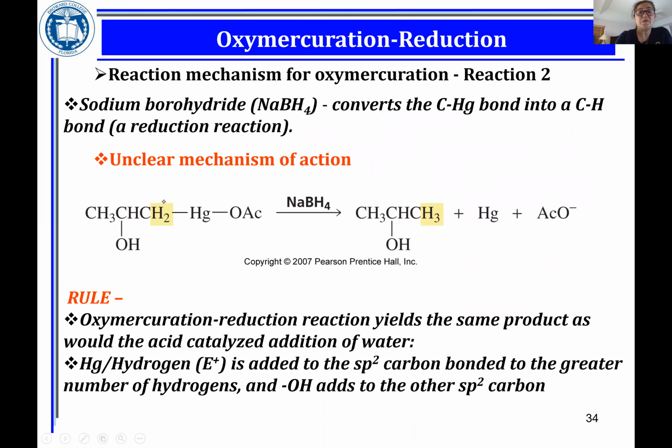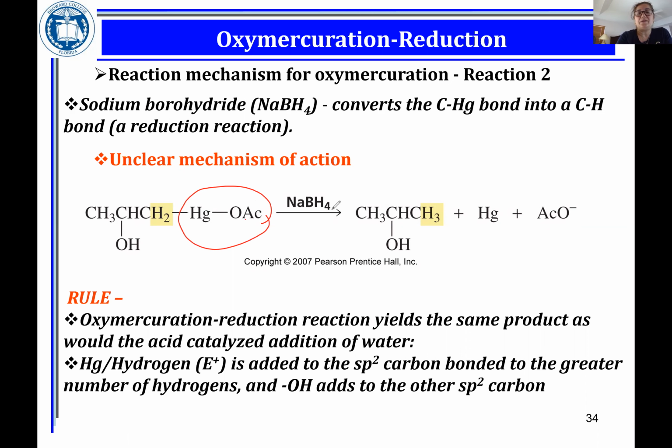So when you have your oxymercurated product, the next step is going to be reduction. Basically, what reduction does is it replaces this mercury acetate with another hydrogen. So that's the fast and simple step.